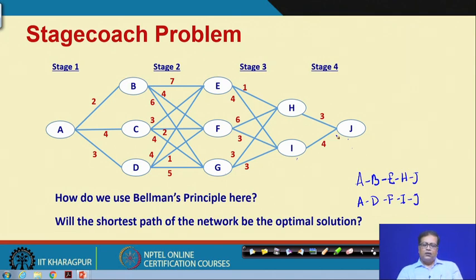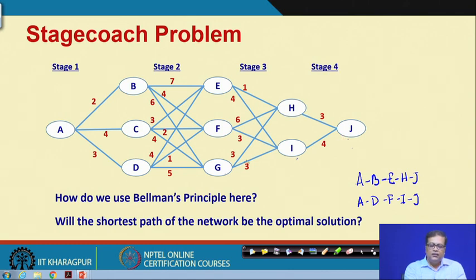So, if we know these facts, can we find out what is the optimal distance from G to J? Look here, G to H, the least distance is 3, and G to I, the least distance is 3 again, and I to J, the optimal path is 4. So, what is the optimal path from G to J? Is it through I or is it through H?